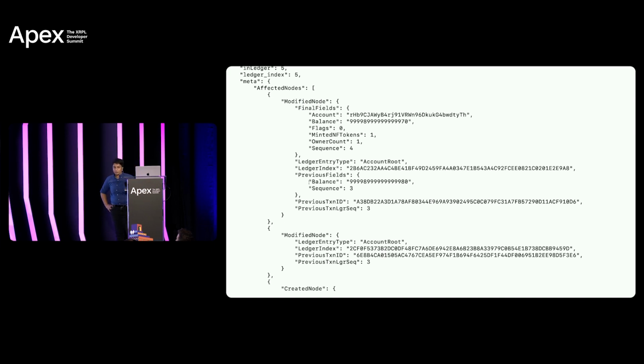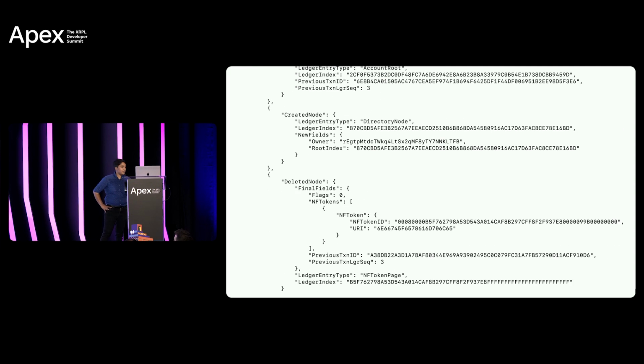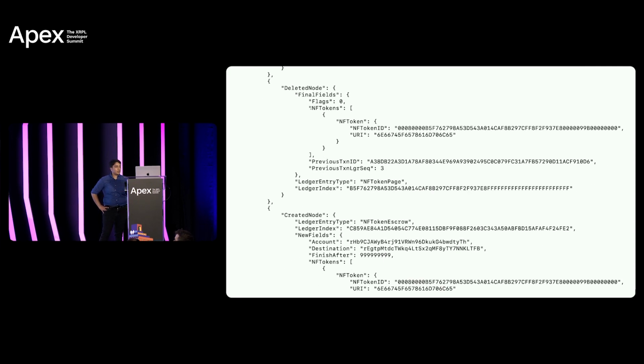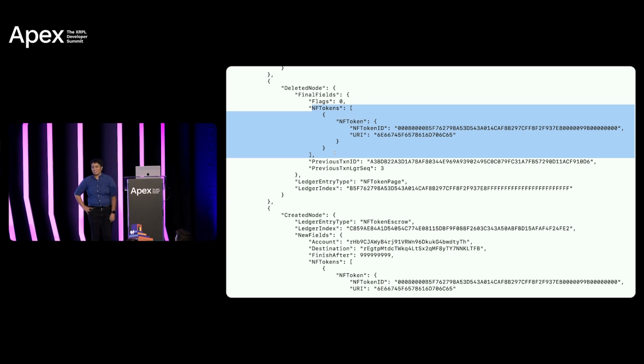Note this solution was written by me. Yes? When the NFT is now in the escrow, does the escrow have an NFT page? No, well, the escrow has this NF tokens list. I couldn't figure out if I could store a raw object, so I had to store it in an array. So theoretically, you can store multiple NFTs here and have it be a page.